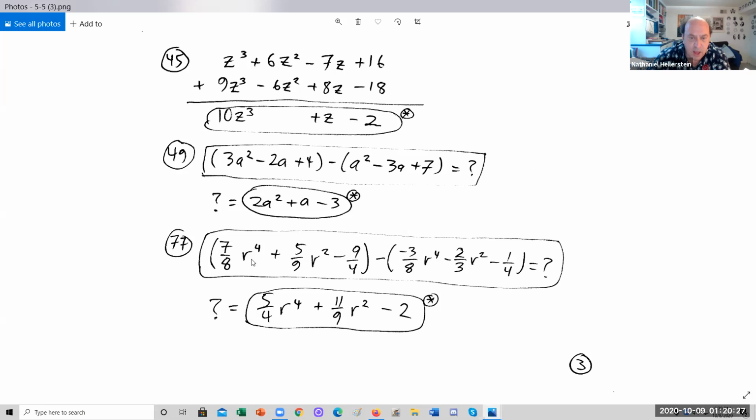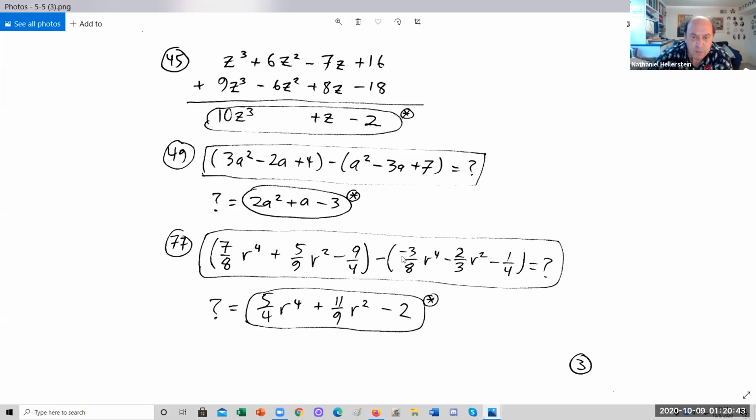Now here we have two quartics, two fourth degree polynomials. They're missing the r and the r cubed terms, so it's really a kind of quadratic in disguise. Here we go: 7/8 r to the 4th minus a negative 3/8 r to the 4th.